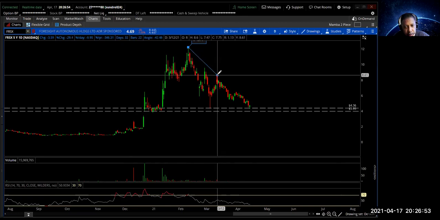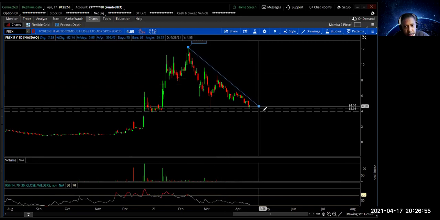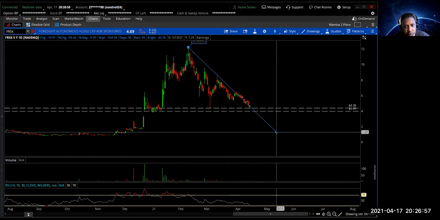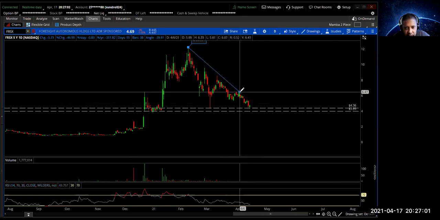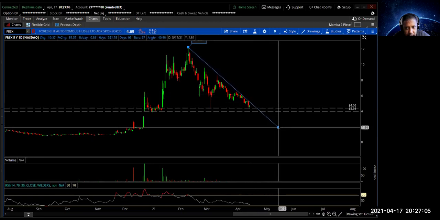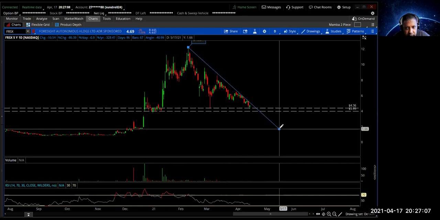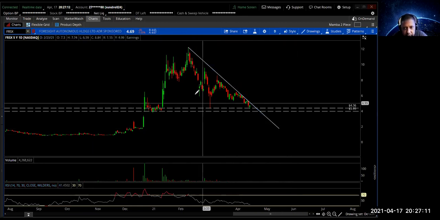I'm going for this one right here, and I'll extend it out, and that's still a little tight. I could hit this candle right here. That's our bear trend line.